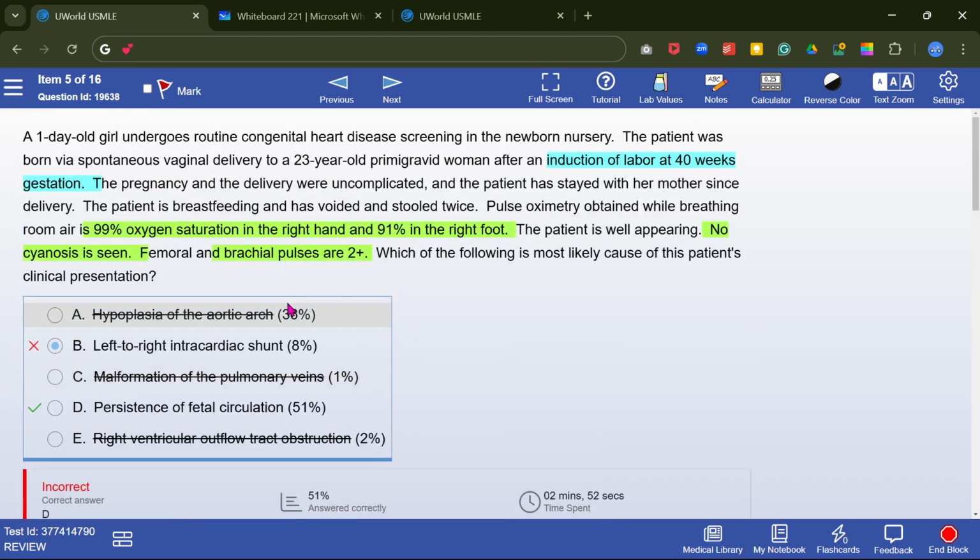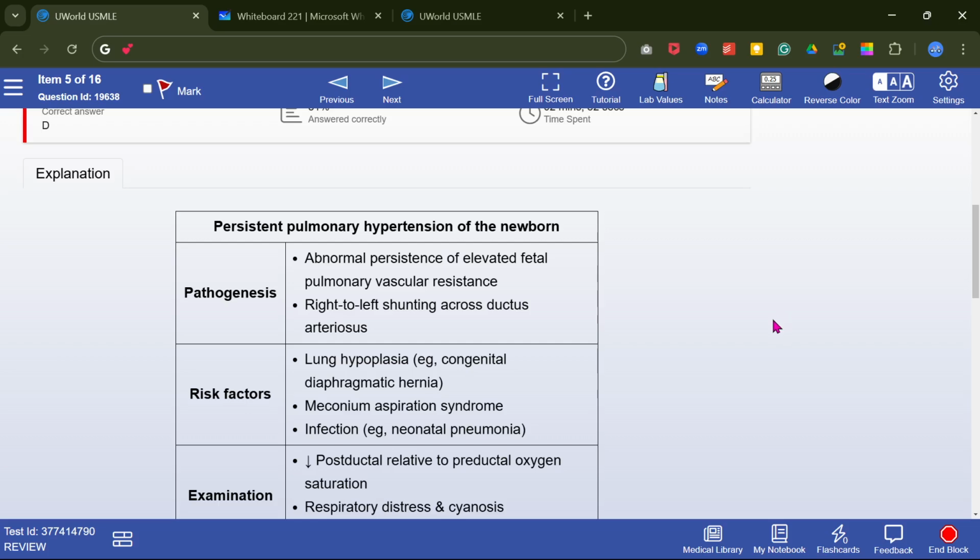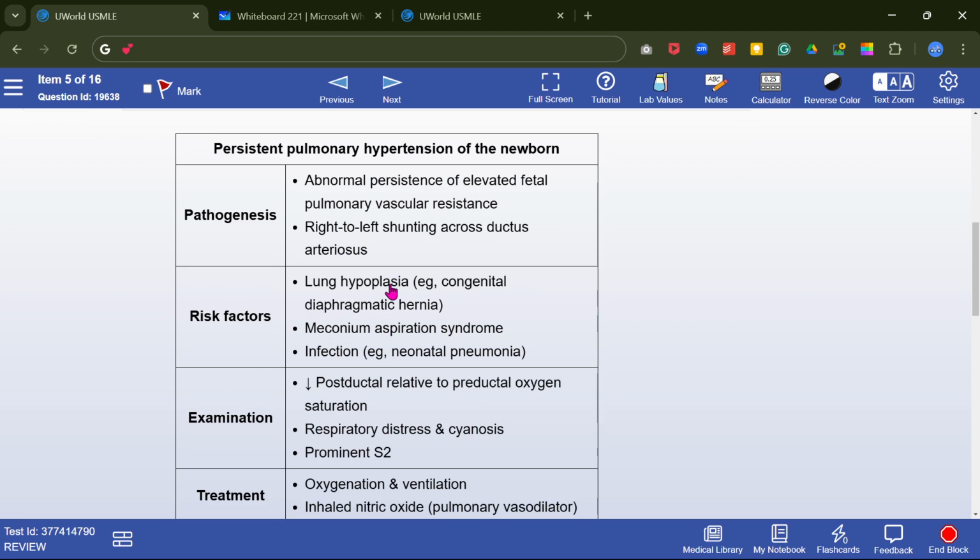Okay, so oxygen saturation in the right hand is 99 and 91 in the right foot. It looks like persistent pulmonary hypertension of the newborn. If I go through the box, there is abnormal persistence of the elevated pulmonary vascular resistance, with right to left shunt across the ductus arteriosus. Risk factors are lung hypoplasia, congenital diaphragmatic hernia, meconium aspiration syndrome, and infection.